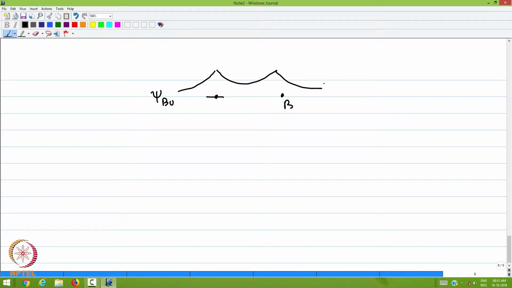And you can see that this whole area is positive. Therefore, if you change R1 to minus R1 or R2 to minus R2, this function does not change.